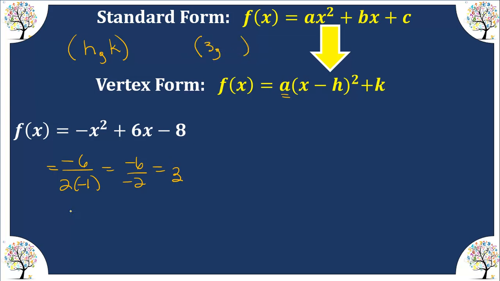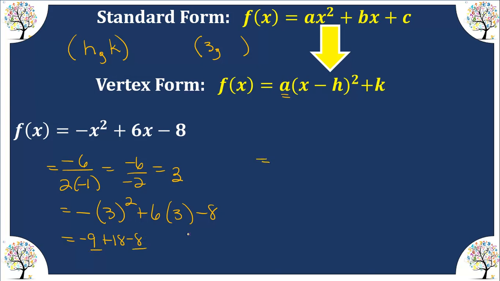We're going to plug it in. So we have negative from the equation. 3 is the x value. Order of operations, square the 3 first. That gives us 9 times negative, so that's negative 9 plus 18 minus 8.